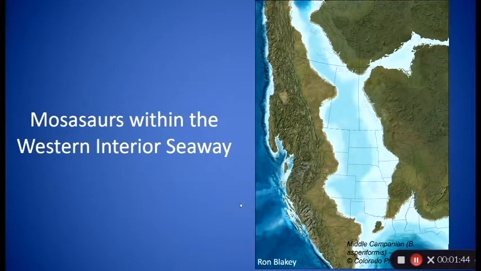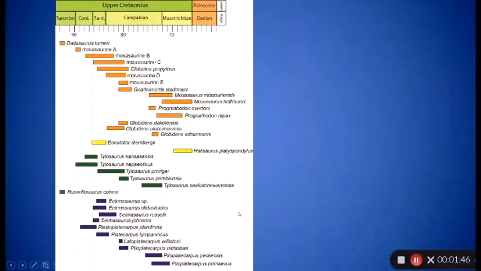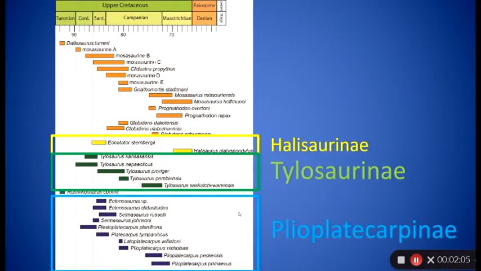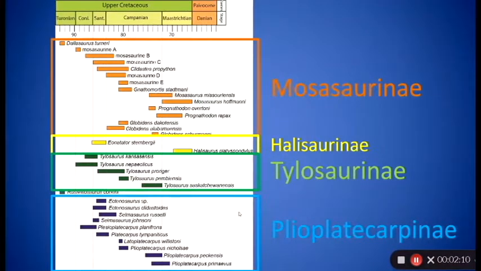The fossil record of mosasaurs from the Western Interior Seaway records a plethora of taxa representing all of the major groups of mosasaurs. At what would be considered the subfamily clade level, you've got Tylosaurines, the low diversity Halisaurines, the much more diverse Plioplatycarpine mosasaurs, and the most diverse clade, the Mosasaurinae.